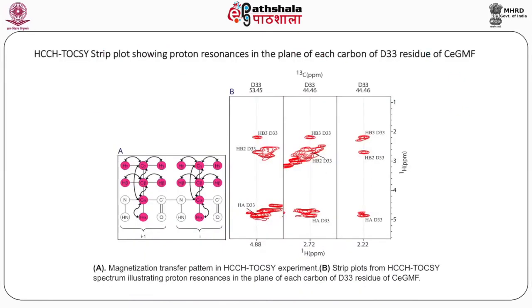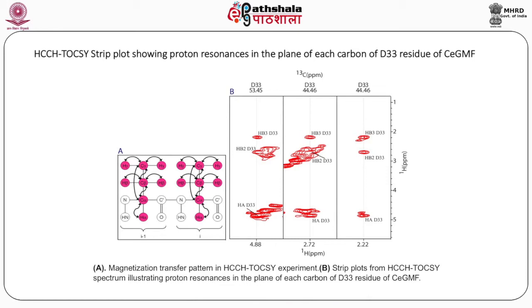In this slide, we see the HCCH-TOCSY strip plot showing proton resonances in the plane of each carbon of the D33 residue of CeGMF. So, there are 3 strips, and these 3 strips are interrelated, or rather intra-related. All of them have different chemical shifts.